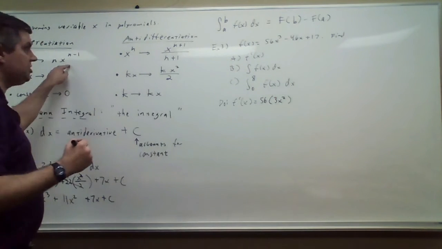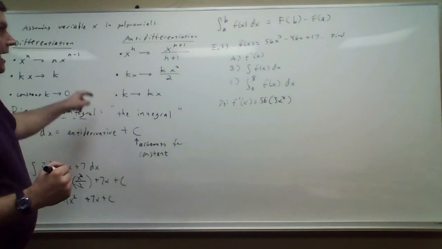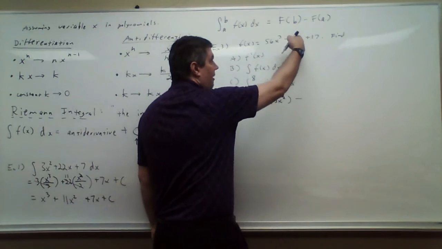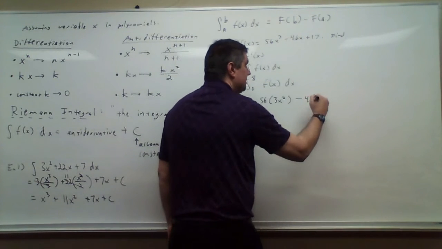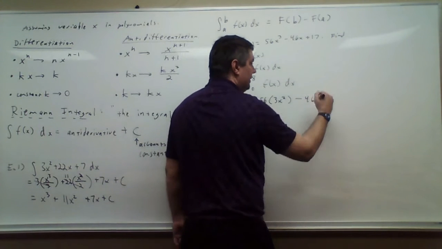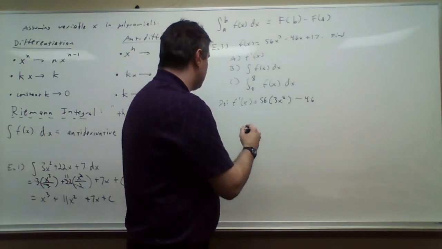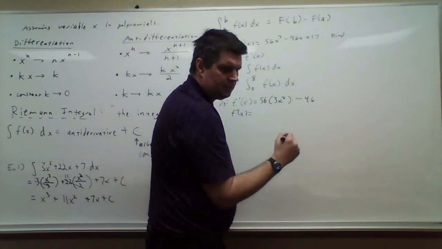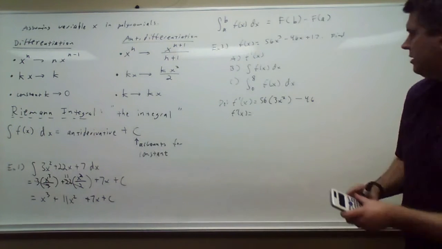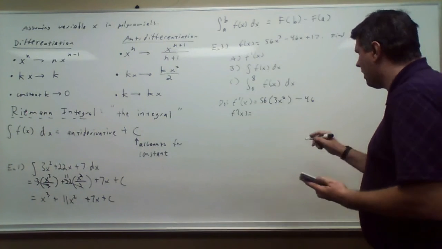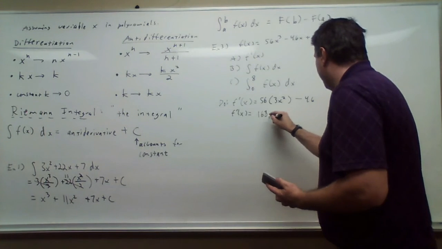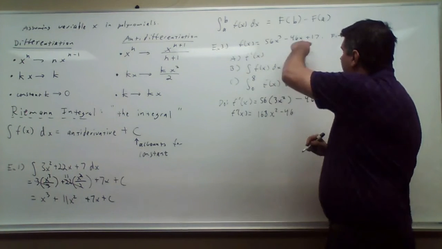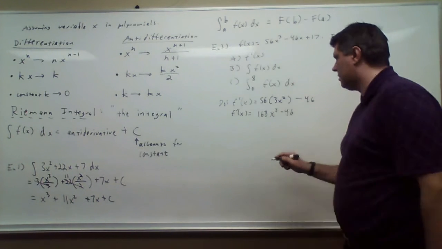We're following the differentiation rules. Minus the derivative of 46x would be minus 46, and the derivative of 17 would be 0. So f prime of x is 56 times 3, 168x squared minus 46. So that's the derivative of this function.